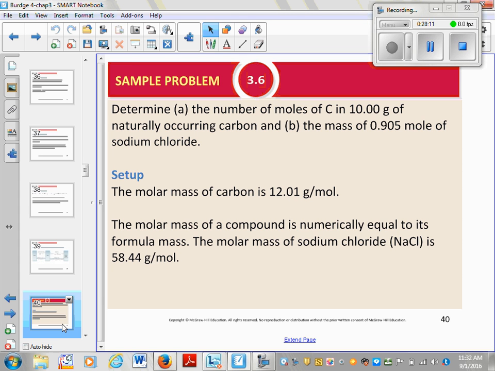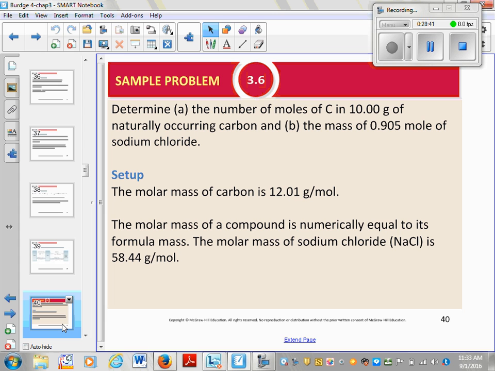So we're starting off on this map where? Grams of A, because we're given grams. So we're going to start here. What are we looking for? The number of moles. So we're going to end up at mole of A up at the top here.